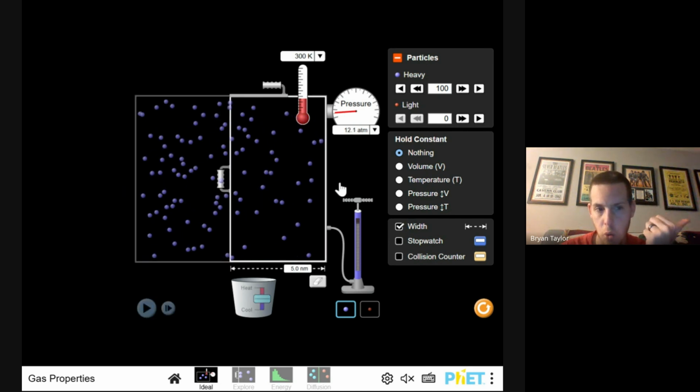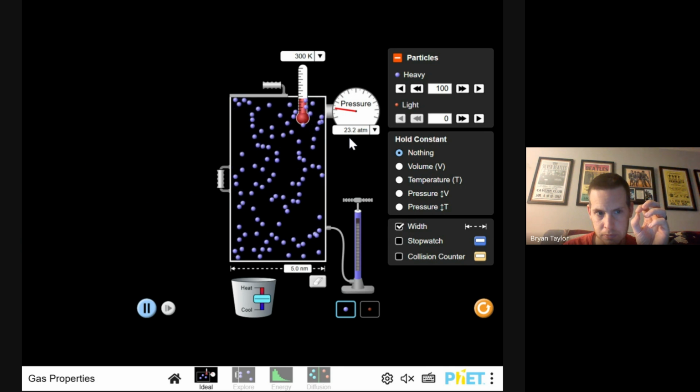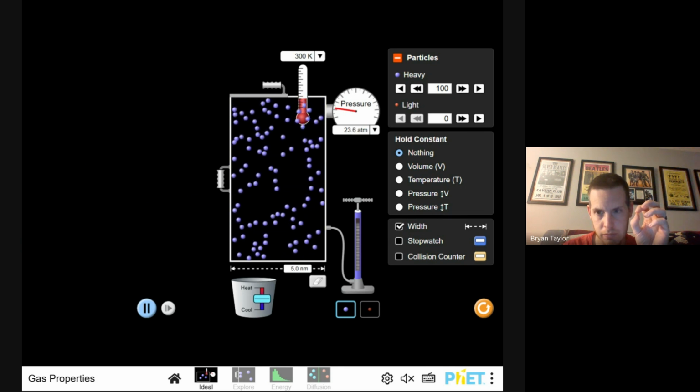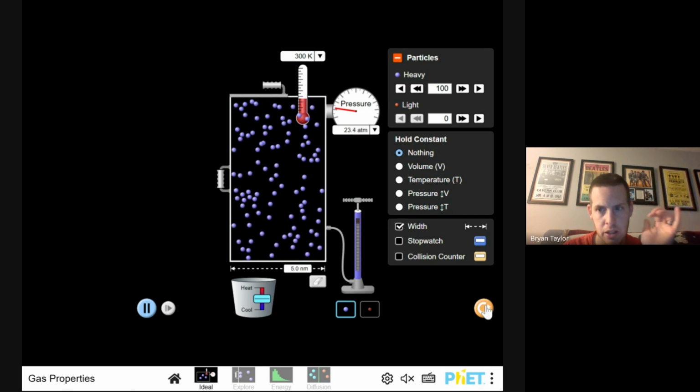If I lower the volume, if I squeeze the ball, the pressure inside that ball is going to go up. And you see it just did. No difference.